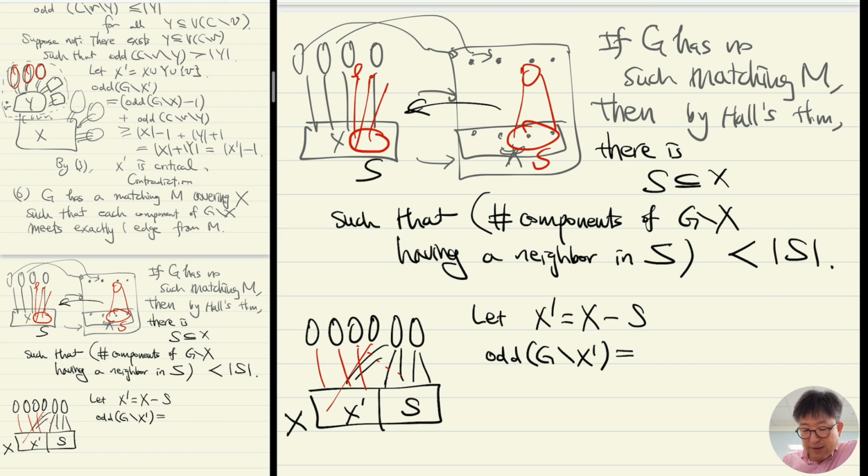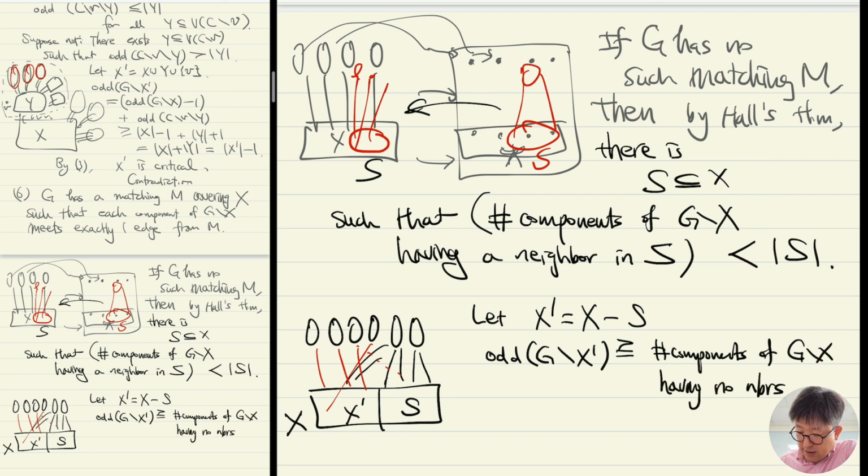The components not hitting S, so not having neighbors in S, will stay as a component. So at least the number of components of G delete X having no neighbors in S. Right? So how many of them?